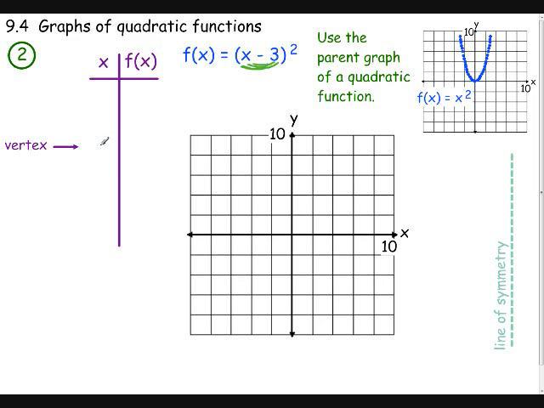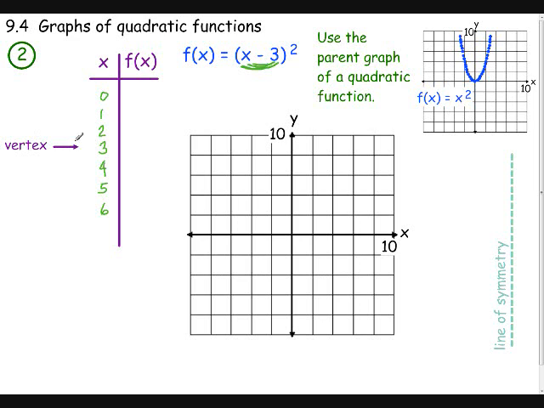Suppose I put a 3 in here. And I get bigger and bigger and bigger. And then I'll go smaller here, 2, 1, 0. Now, I'm thinking my vertex is going to be here.